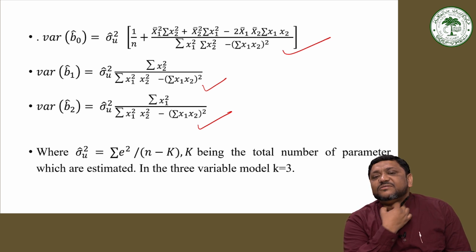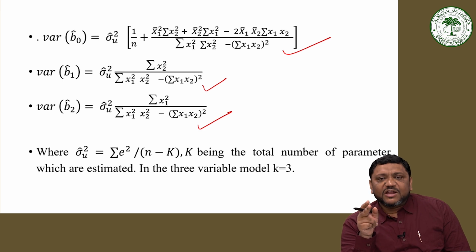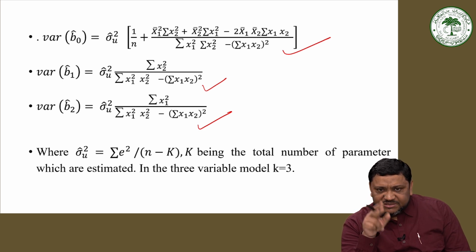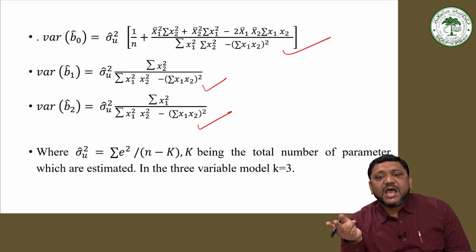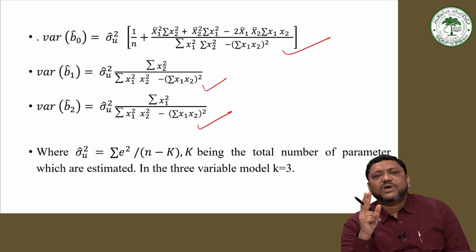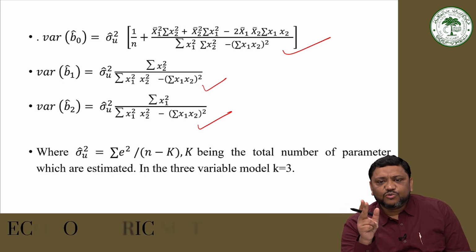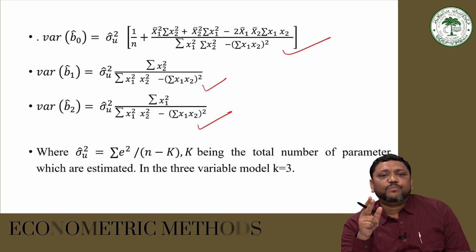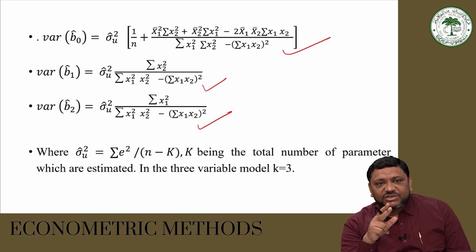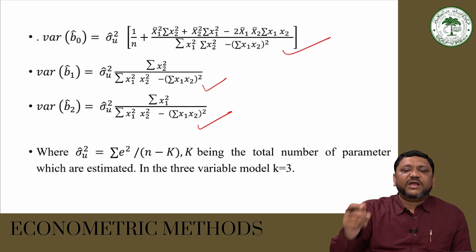I repeat, here the expected value of beta naught hat is equal to beta naught, the expected value of beta 1 hat is equal to beta 1 and expected value of beta 2 hat is equal to beta 2. So the estimates of beta naught hat, beta 1 hat and beta 2 hat are unbiased estimates of the true parameters from the relationship between y, x1 and x2.